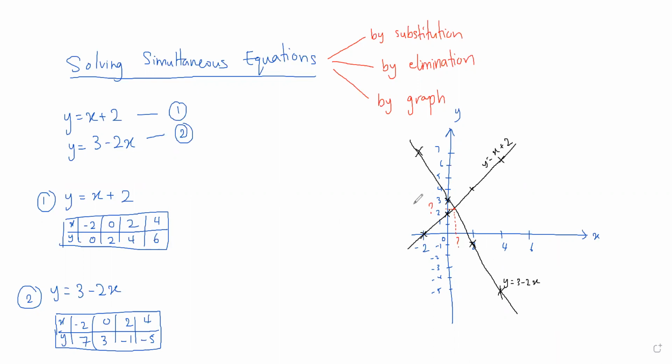So what is the answer? I'm just going to rewrite this again. If you draw it carefully and accurately, you will get the answer x equals 1. And y, when x equals 1, the y is equals to, no, sorry.